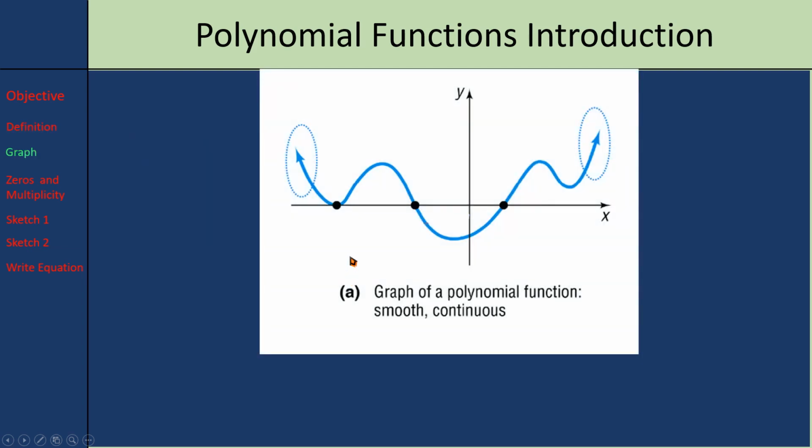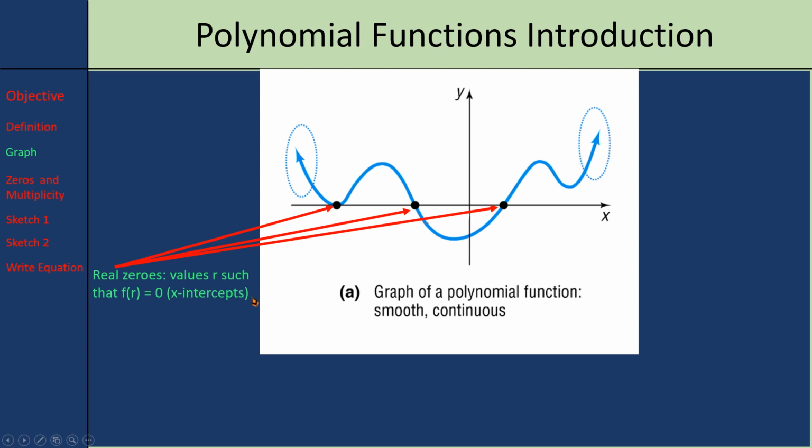Now, the graph of a polynomial function has to be smooth and continuous. So these are the two words that describe them. They have to be smooth and continuous. There's no gap, and there are no corners and cusps, okay? But on this graph here, you guys notice the points where it touches the x-axis, these are called the zeros, right?